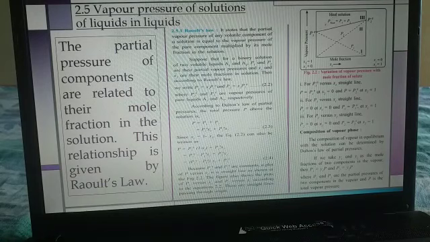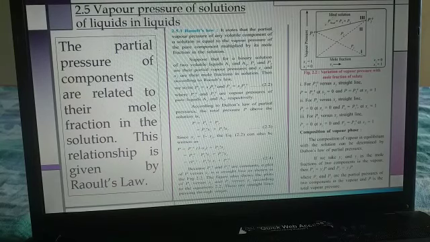The quantitative relationship between partial vapor pressure and mole fraction can be explained by Raoult's law. It states that the partial vapor pressure of any volatile component of a solution is equal to the vapor pressure of the pure component multiplied by its mole fraction in the solution.